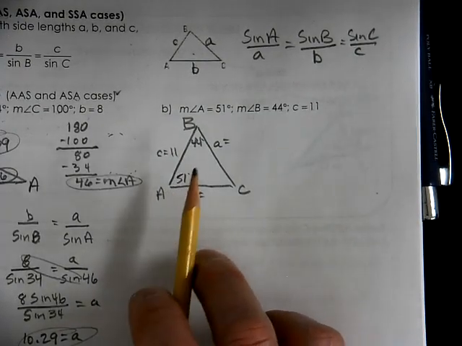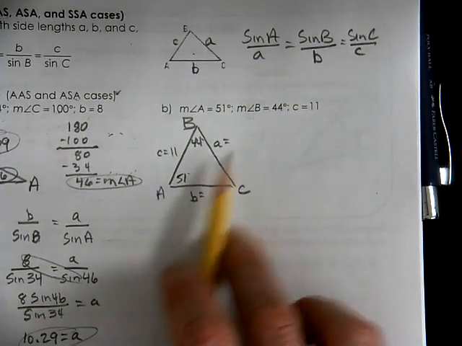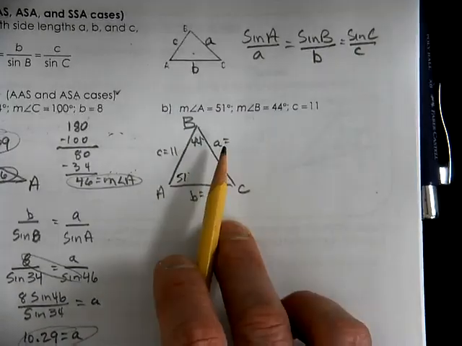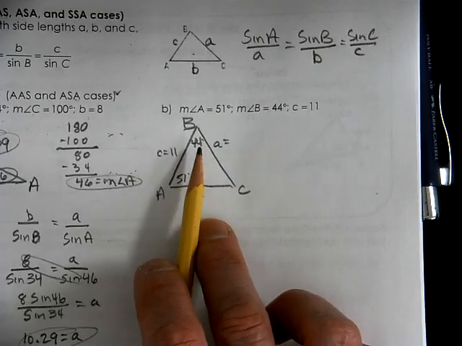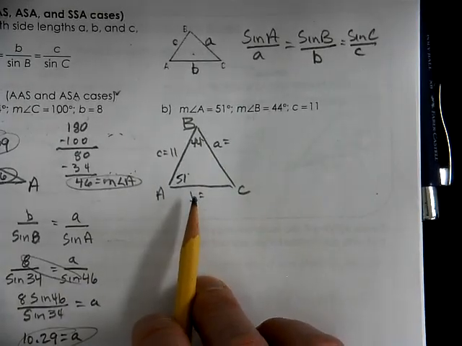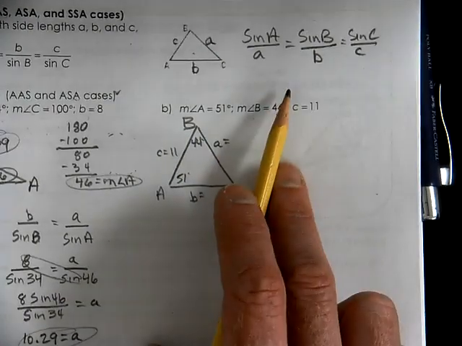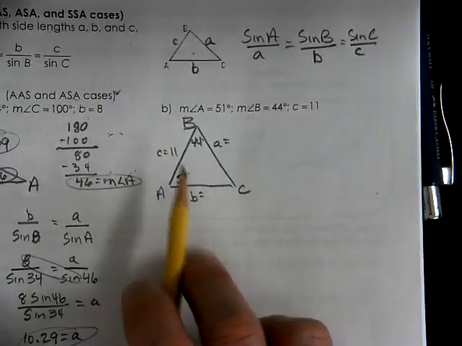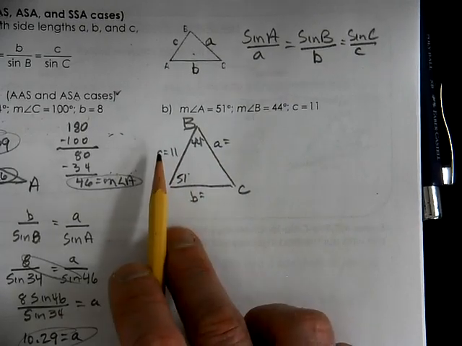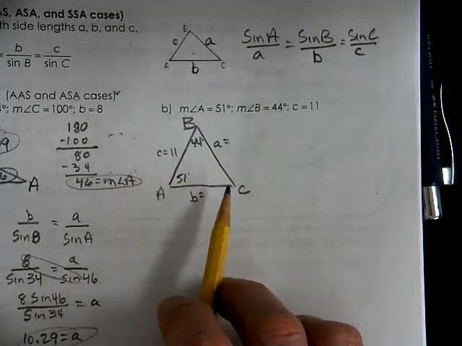Angle A, I have to have side A, but I don't know side A, so I can't use that ratio. B, I know angle B, but I don't know side B, so I can't use that ratio from law of sines. Oh my gosh. Now, what about C? I know the side, but I don't know the angle.